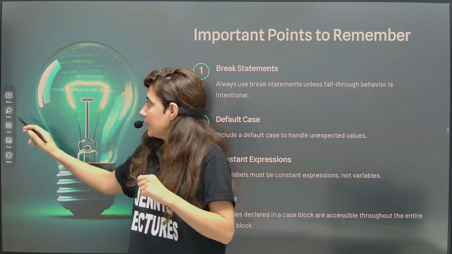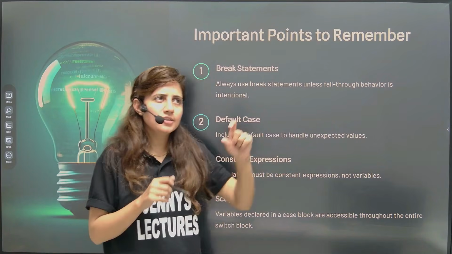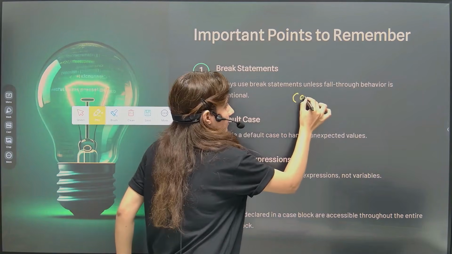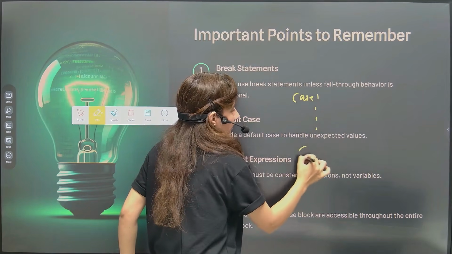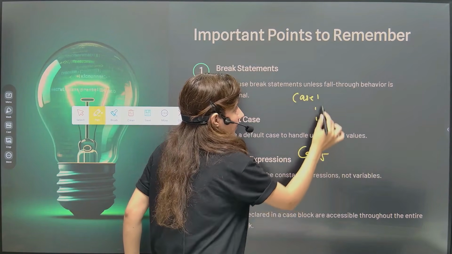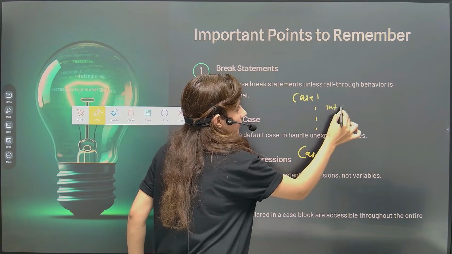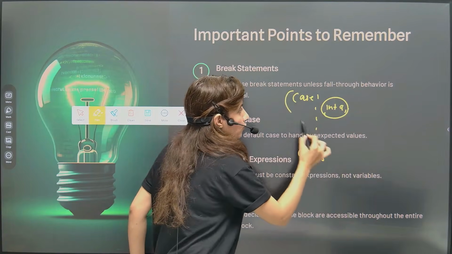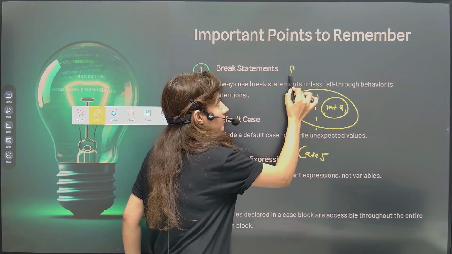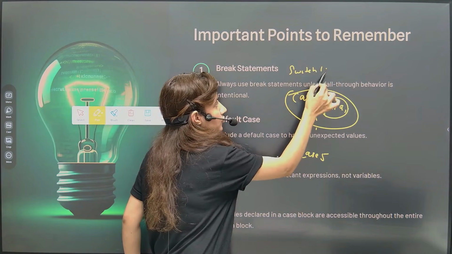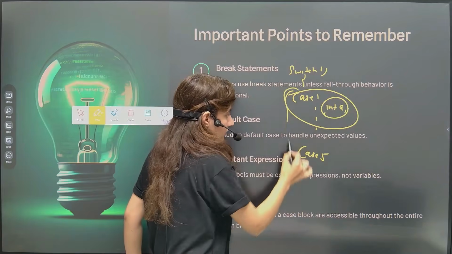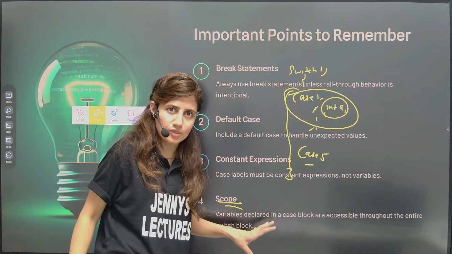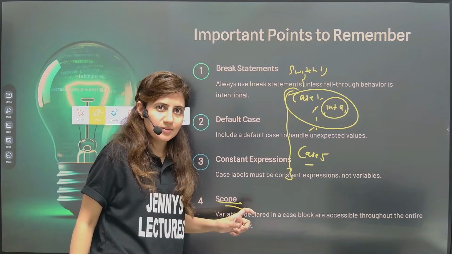If we have multiple cases, suppose 5 cases, case 1 until case 5, and in case 1 I have taken a variable int a, this is accessible not only within case 1 but in the entire switch, in all the cases. This is what this line wants to say about the scope of the variable.